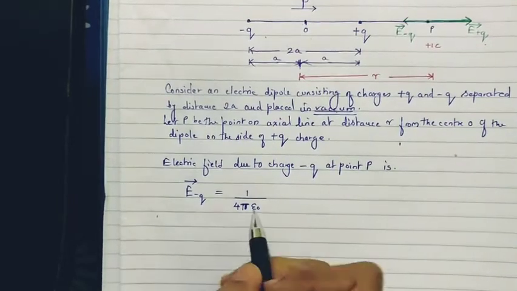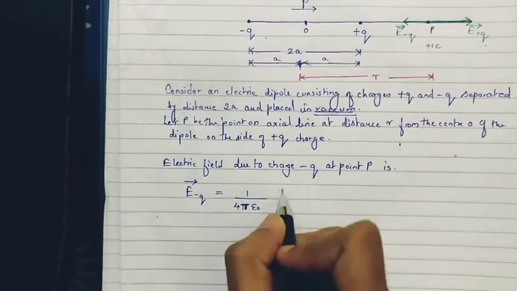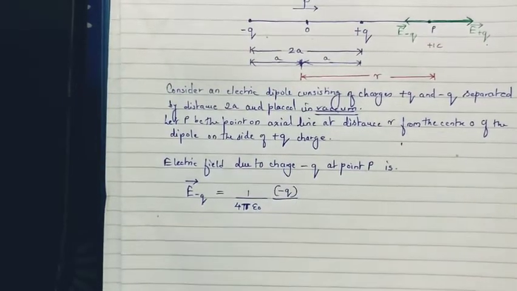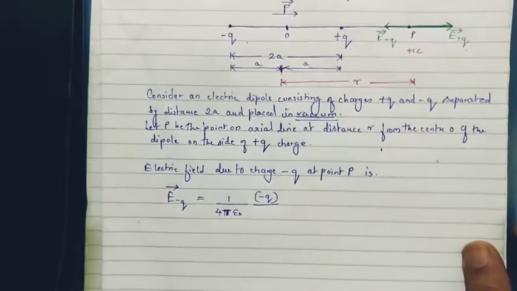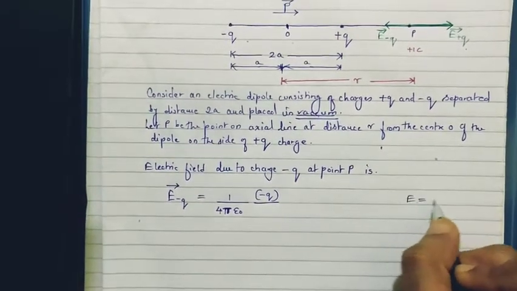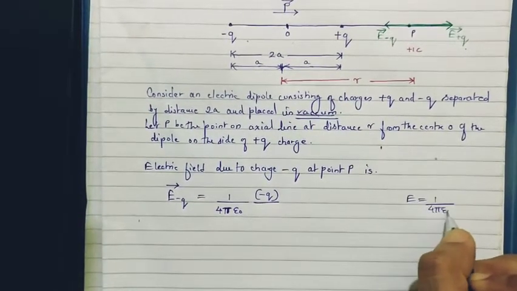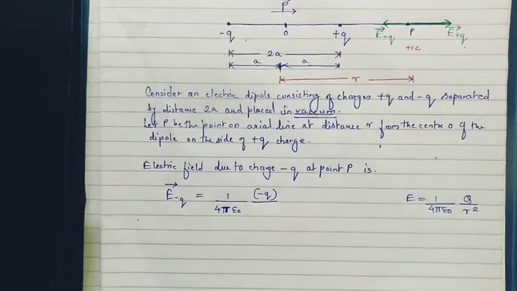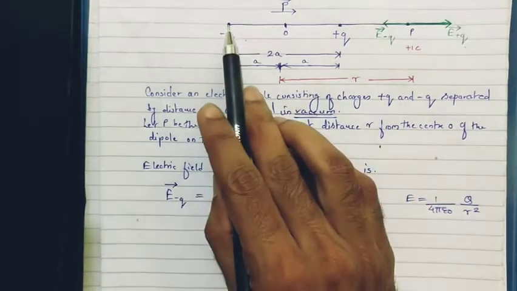So 1 upon 4 pi epsilon naught, the charge is minus q, upon the distance. What is the main formula for electric field? E is equal to, general formula, 1 upon 4 pi epsilon naught, the source charge upon the distance from the source charge squared. So what is going to be the distance now from minus q to point P?